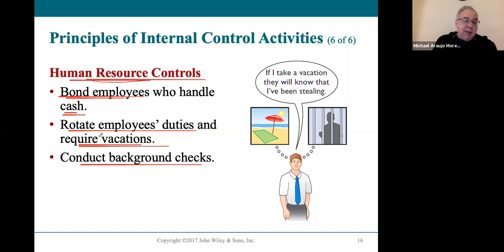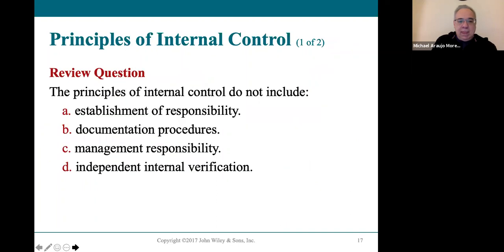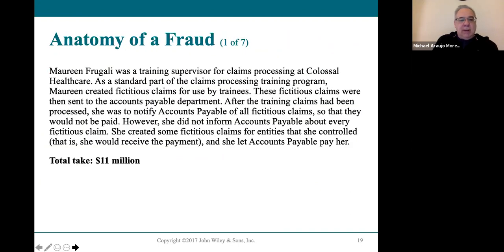So that was interesting. These are very important controls. You wouldn't necessarily think human resources is connected with financial fraud, but it is. Okay, so you have a few stories about fraud here.